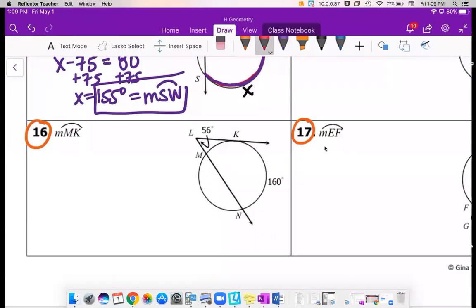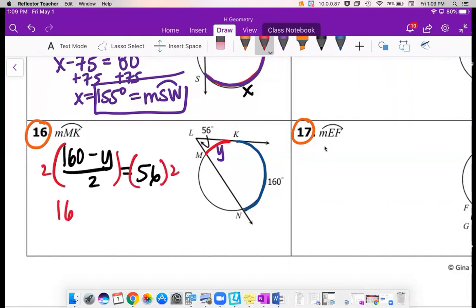All right, this one wants us to find the measure of arc MK, so the inside one here. Okay, so same thing. Guess we'll just call this one Y. So you take big arc, so 160, minus small arc, which is Y in this case, divided by 2. We know that's going to equal 56. So then do some algebra. First thing you do is multiply both sides by 2.